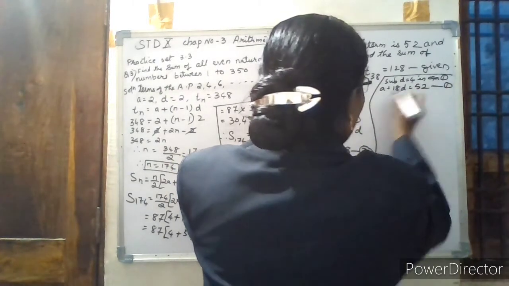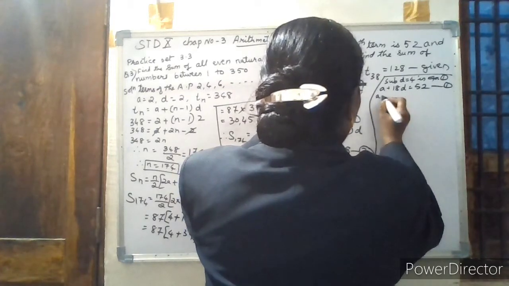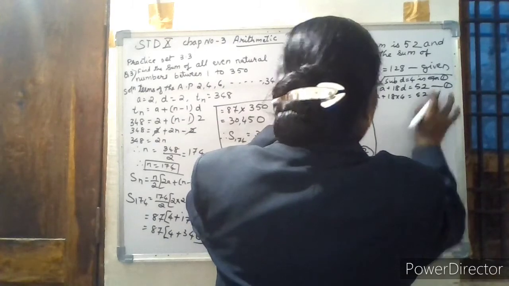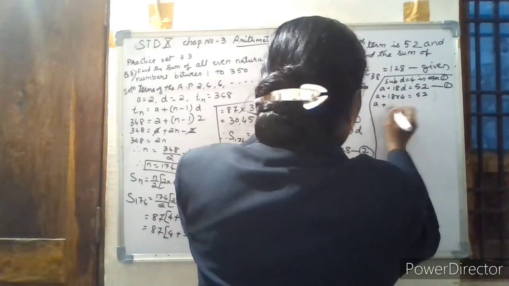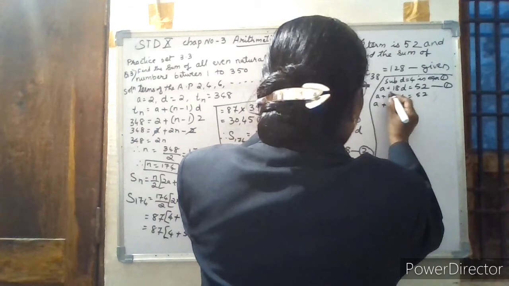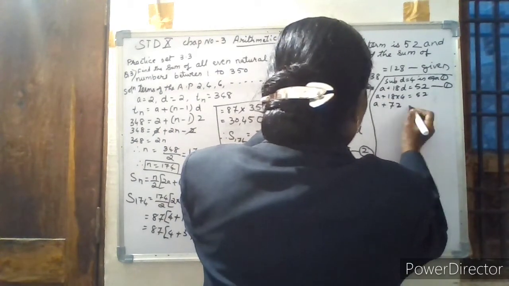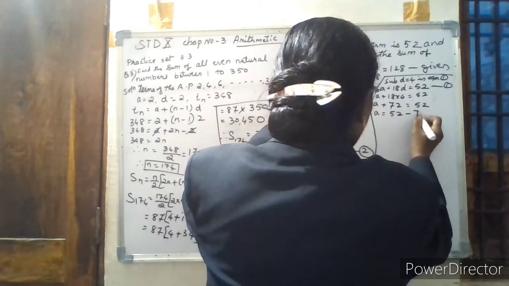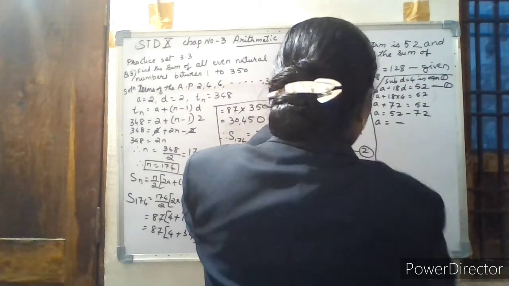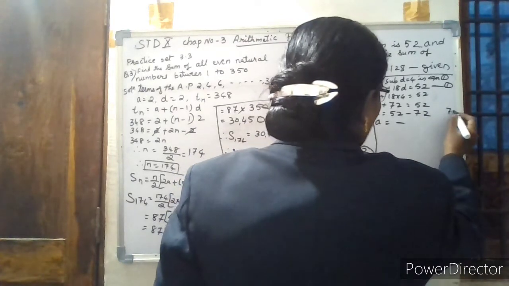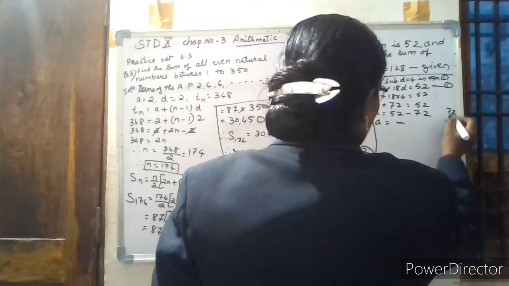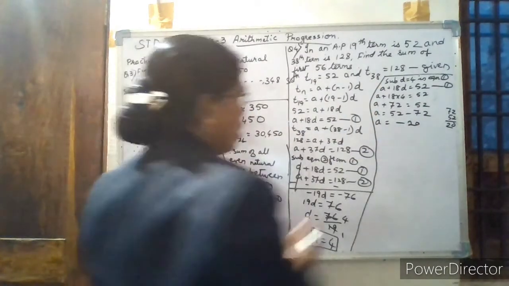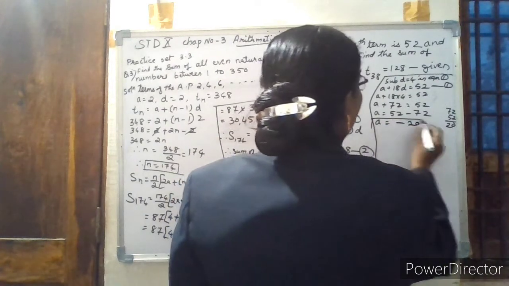So d value, a plus 18 into 4 equal to 52. 4 eights are 32, carry 3, 4 ones are 4, 7 is 72. So a plus 72 is equal to 52. So a is equal to 52 minus 72, that is minus 20. So a value we have got as minus 20.